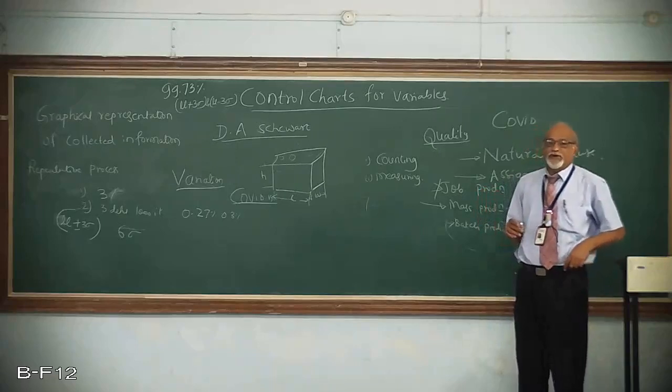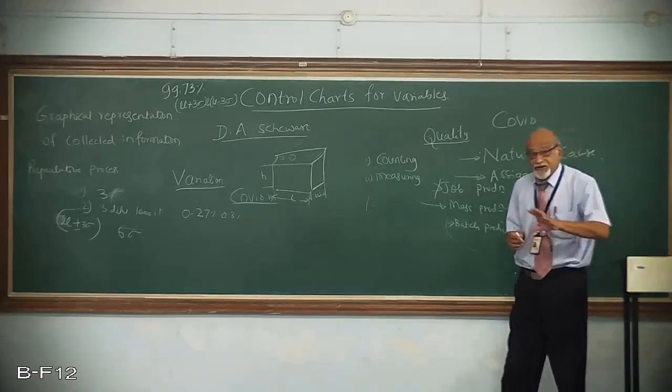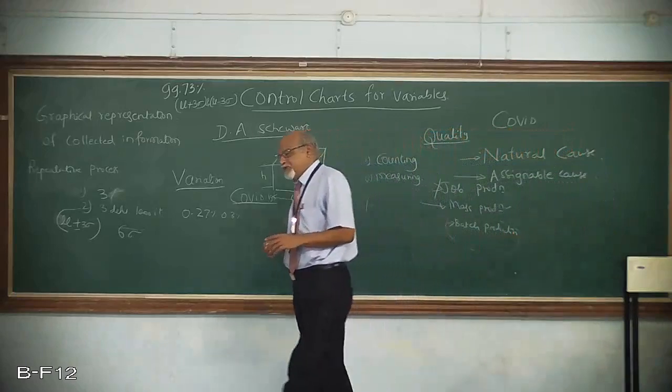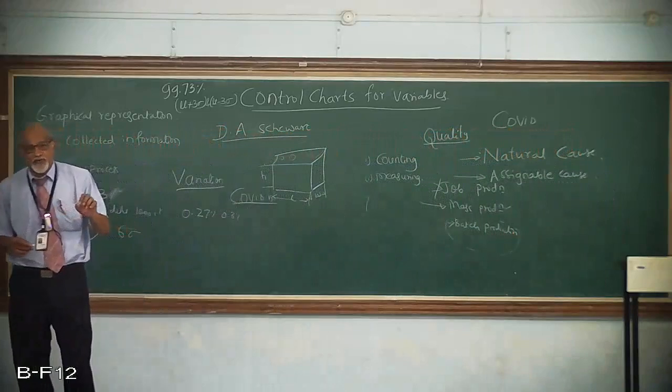They said variation is there, but can we reduce that variation itself? Because certain things have got larger variations. These larger variations are due to a few causes.